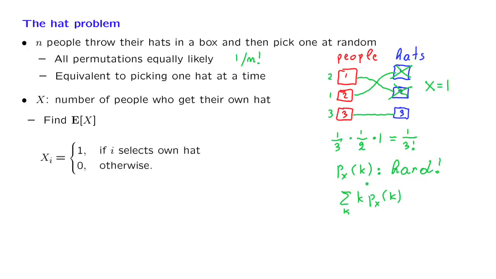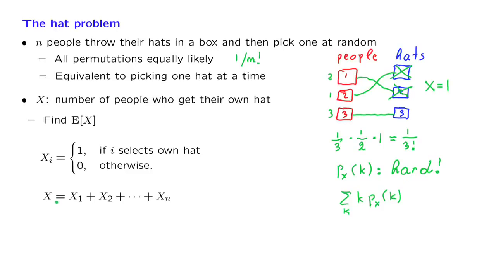The trick that we will use is to employ indicator variables. Let xi be equal to 1 if person i selects their own hat and 0 otherwise. So then, each one of the xi's is 1 whenever a person has selected their own hat, and by adding all the 1's that we may get, we obtain the total number of people who have selected their own hats.